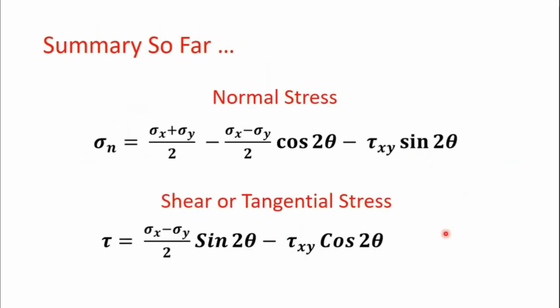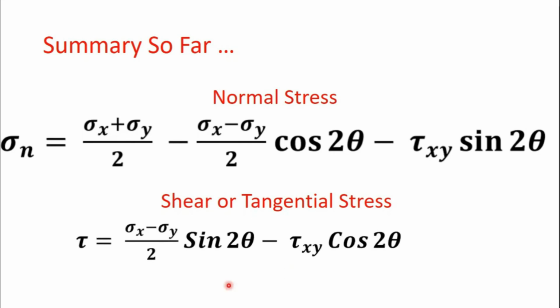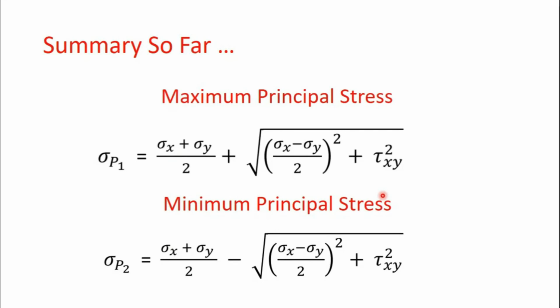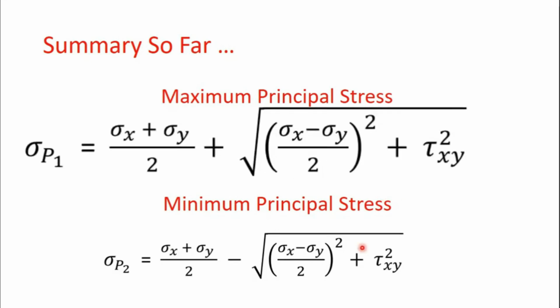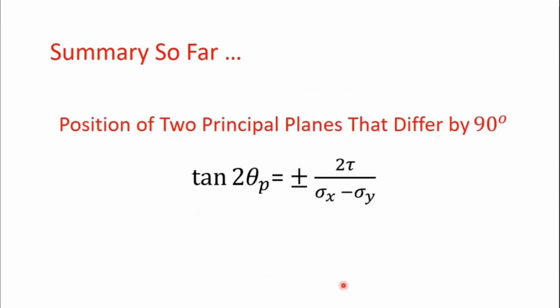So, summary so far. The normal stress we have derived is given by this equation. The general expression for shear stress, tau, and normal stress are given by these equations as on the screen. Similarly sigma p1, which is the maximum principal stress, is given by this equation, and the minimum principal stress, sigma p2, is given by this equation.